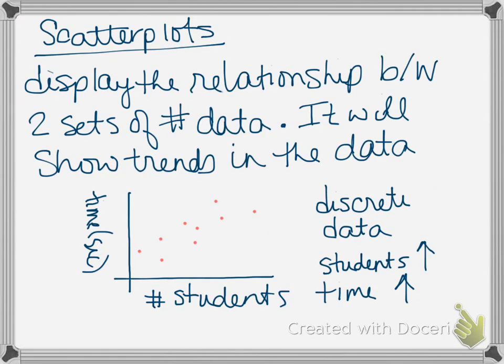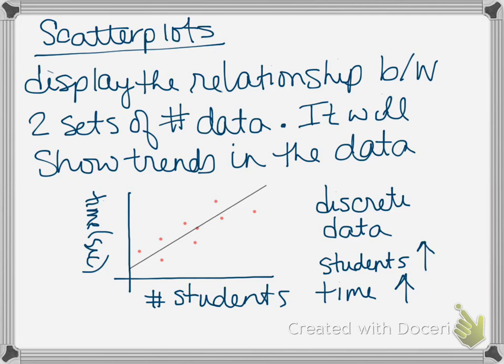Now, sometimes when we have a scatter plot, I'm going to go back to this very first one with number of students and time. We can draw what we call a trend line or a line of best fit, which is kind of like an estimation line. So where you're just kind of trying to find the average. So I'm trying to go, maybe I hit 1 or 2 dots and I've got about the same number on both sides.